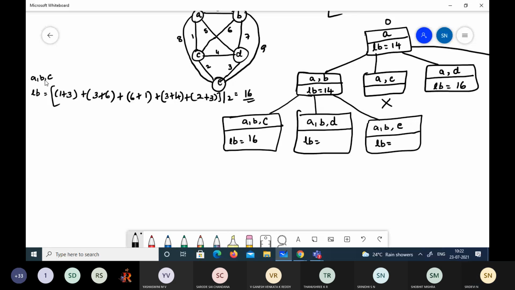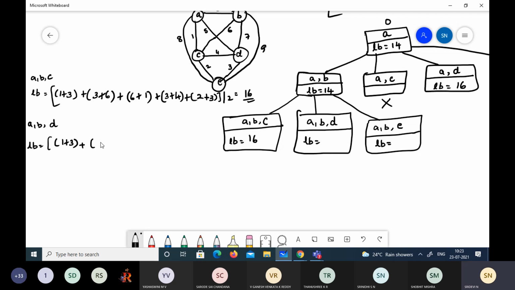Okay, what we are doing is we are just fixing the nearest cities from B. You have to take 3 already, and this is the one we are trying to fix.